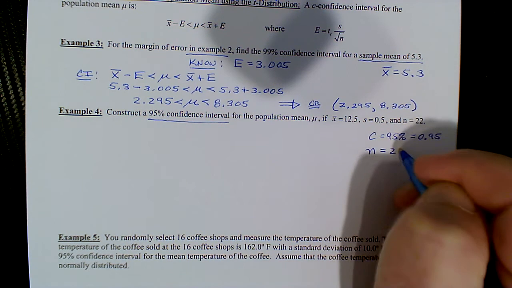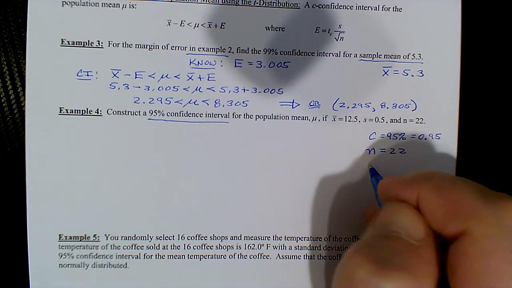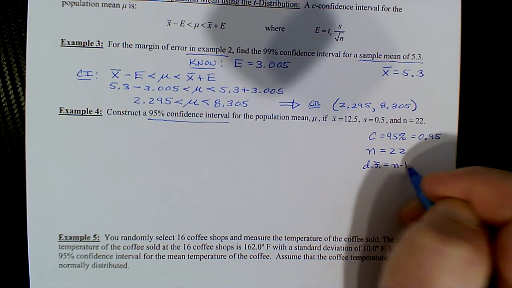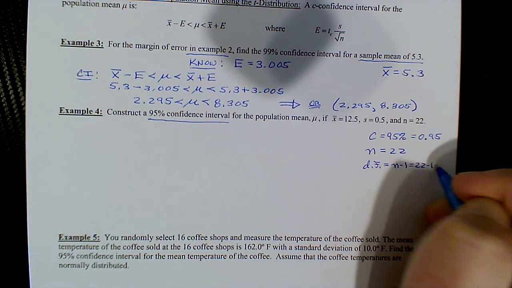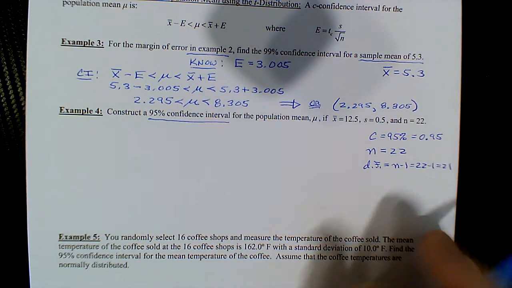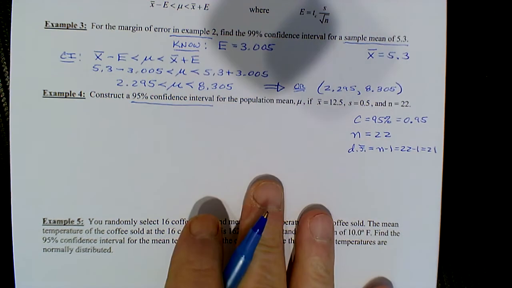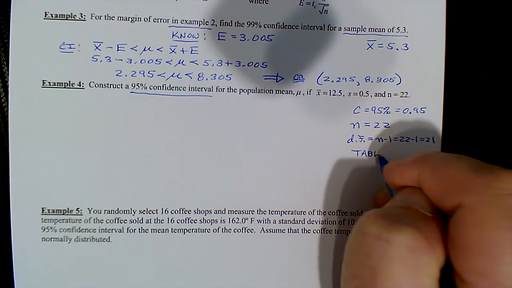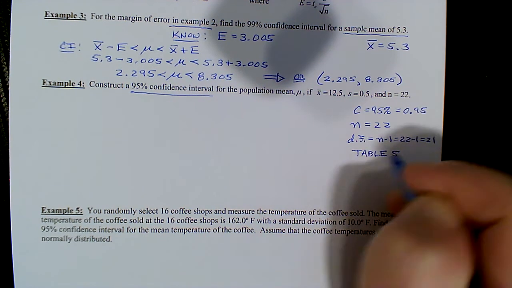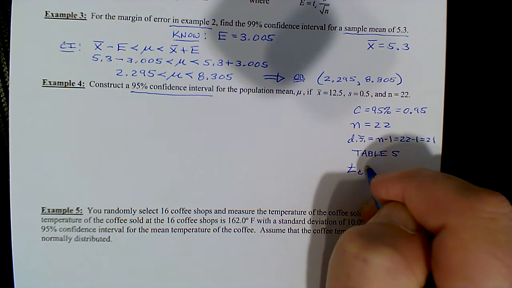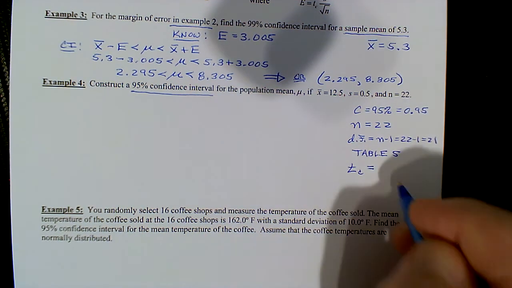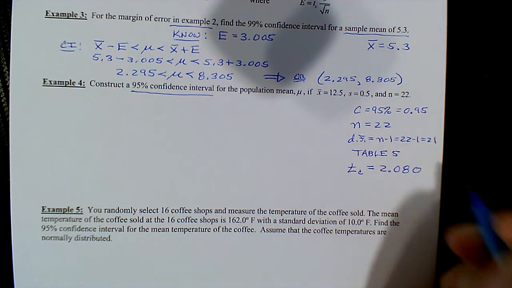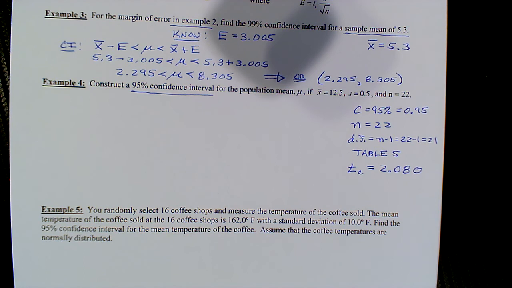The sample size was 22, so therefore the degrees of freedom, n minus 1, 22 minus 1, or 21. And we go to table 5 to find the value of t sub c. I'm going to assume you're comfortable doing that. So double check that, 2.080.